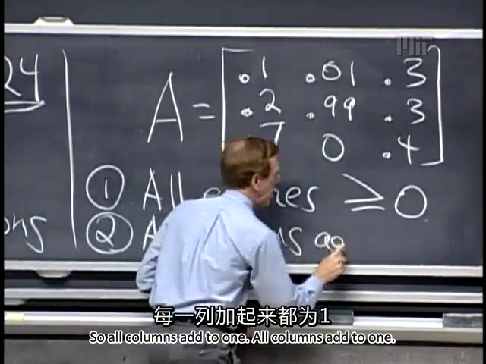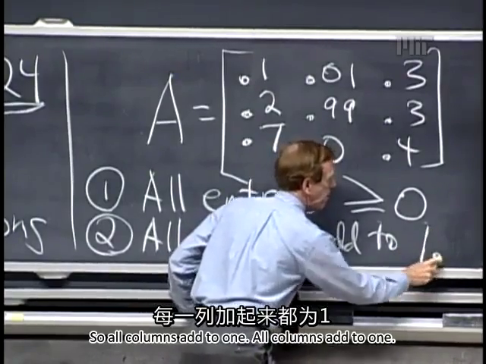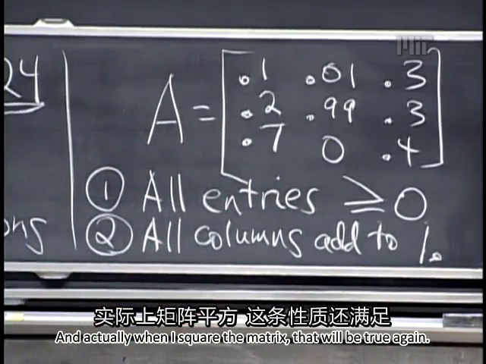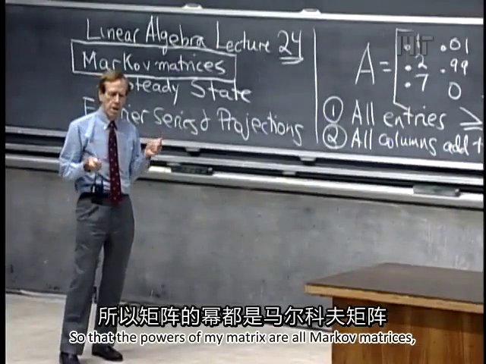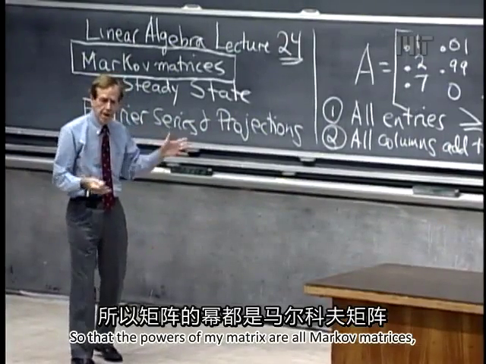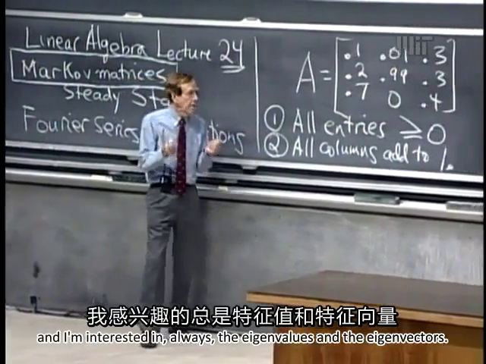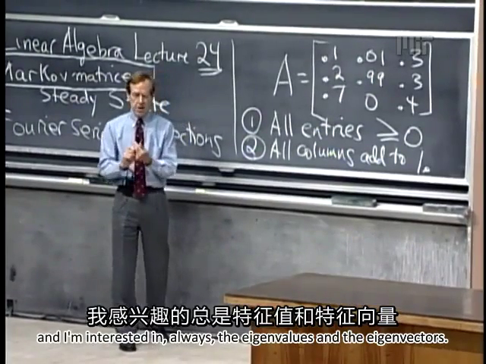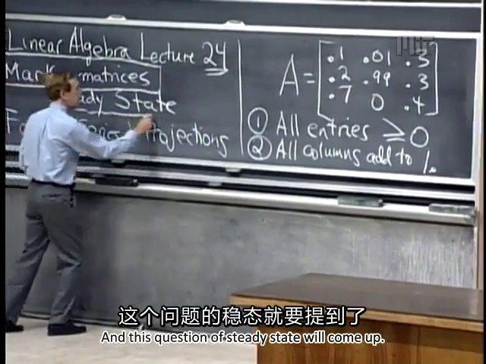And actually, when I square the matrix, that will be true again. So the powers of my matrix are all Markov matrices, and I'm interested in always the eigenvalues and the eigenvectors. And this question of steady state will come up.